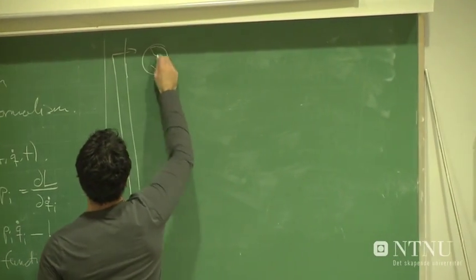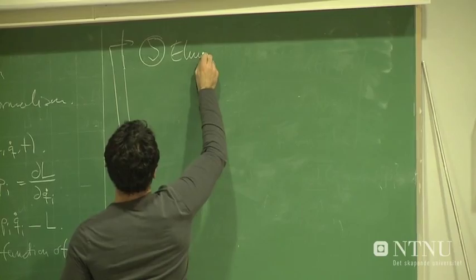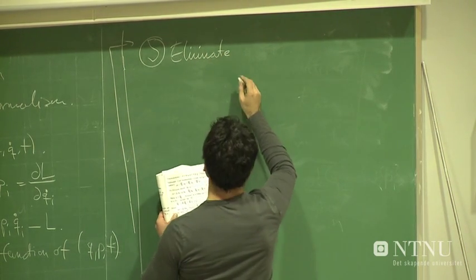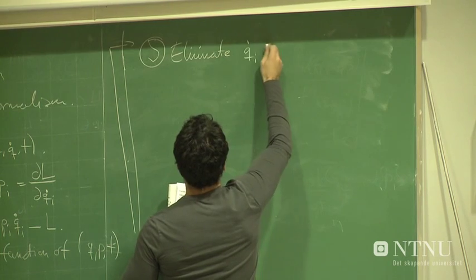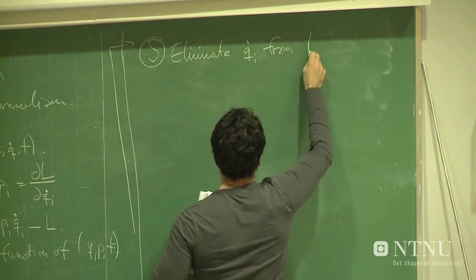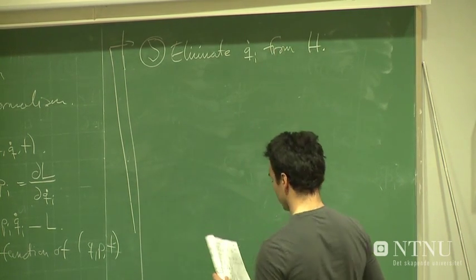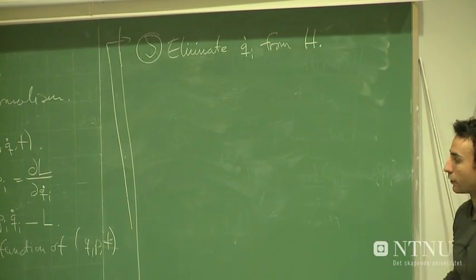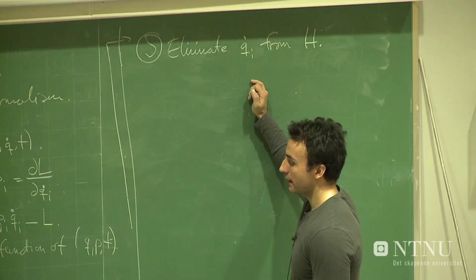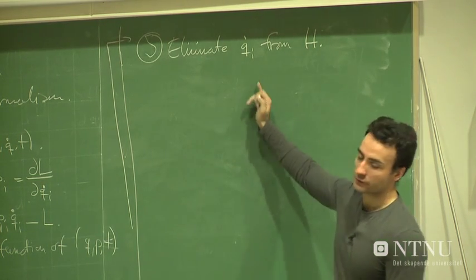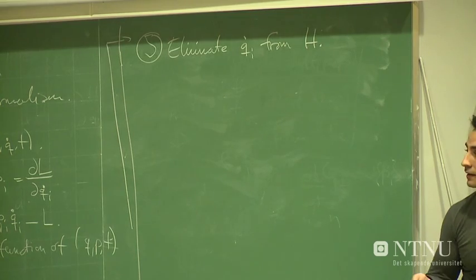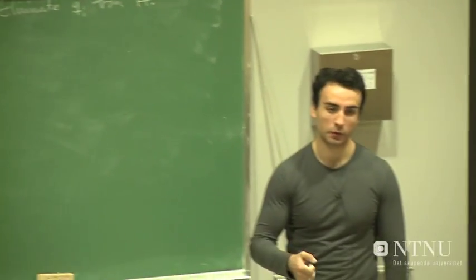Final step is then to eliminate q dot from H. And after having done so, we are now in a position where the Hamiltonian depends on the variables we want, q, p, and t.